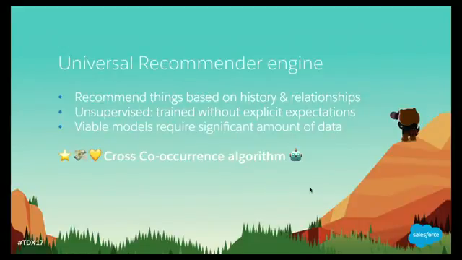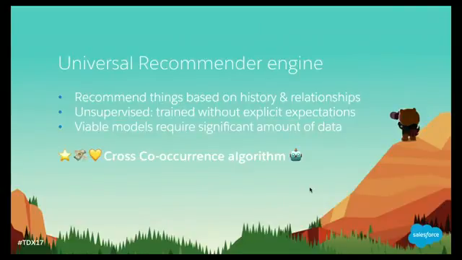But the challenge with unsupervised learning is that to make a viable model, you need a lot more data, because you need to get good signal out of noise. To build up those strong correlations that make good recommendations, you have to have enough history and data to enable it to rise those good recommendations above the noise of random correlations of things people happen to buy.